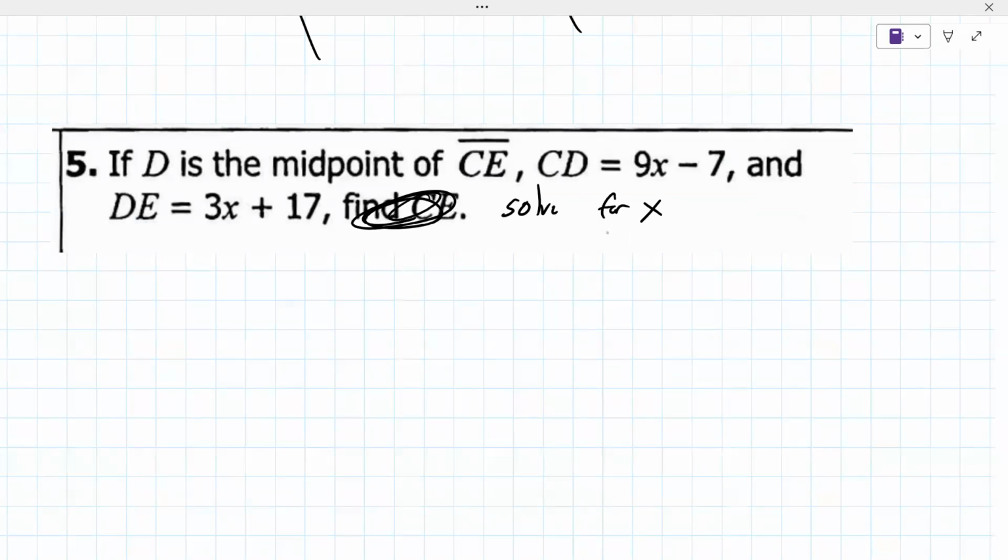Do I find X for C, D, or D, E? Well, I'll give you a hint before I answer that question. Draw a picture with C, D, and E in it. Like, what do you mean a picture? Like a line?